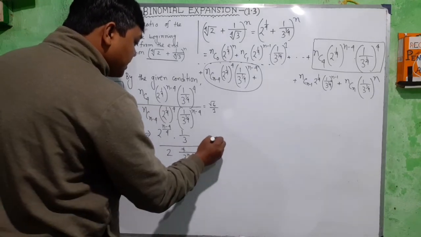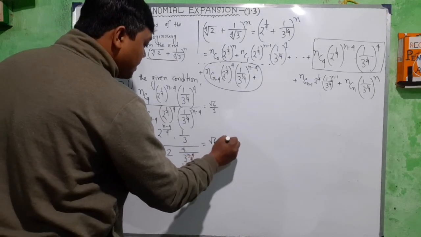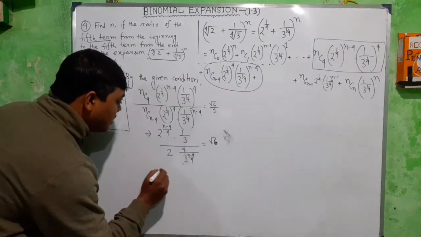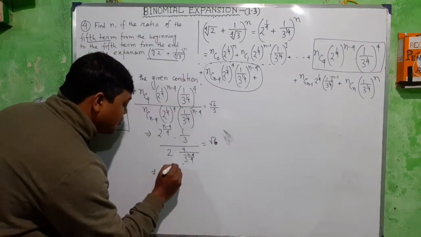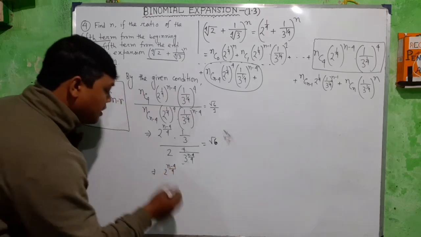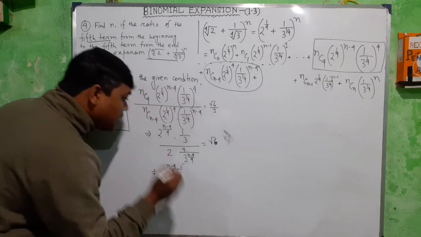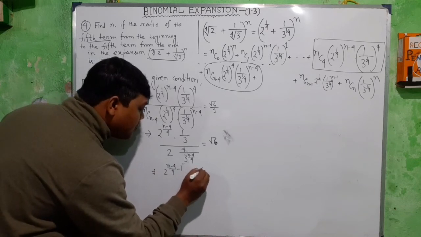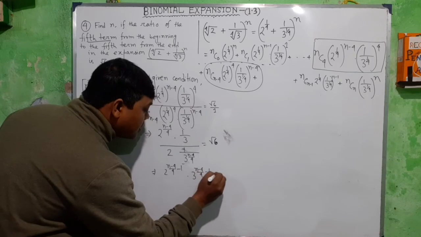So from this expression, we can write 2 to the power (n minus 4) by 4 minus 1 and 3 to the power (n minus 4) by 4 minus 1 equals root 6.